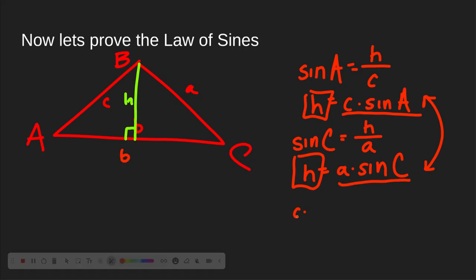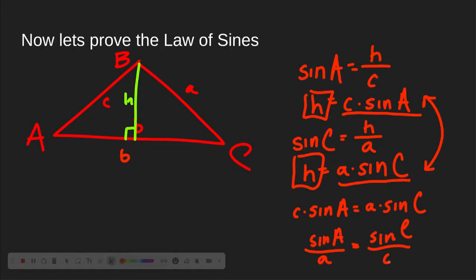So C times the sine of A must be A times the sine of C. And if we just divide each side by C and divide each side by A, you're left with sine of A is to A like sine of C is to C. And that's how you prove it, using transitive.